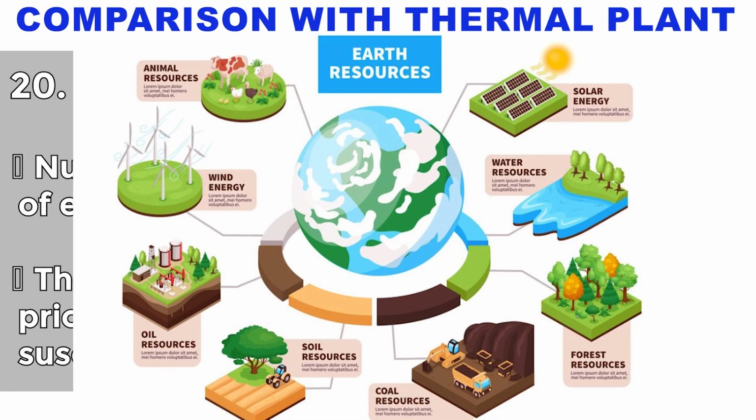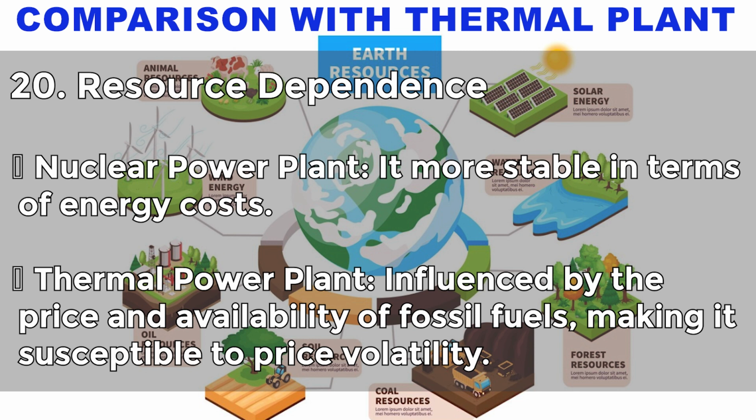Next comparison is resource dependence. Nuclear power is not dependent on fluctuations in fuel prices, making it more stable in terms of energy cost, and thermal power generation is influenced by the price and availability of fossil fuels, making it susceptible to price volatility.